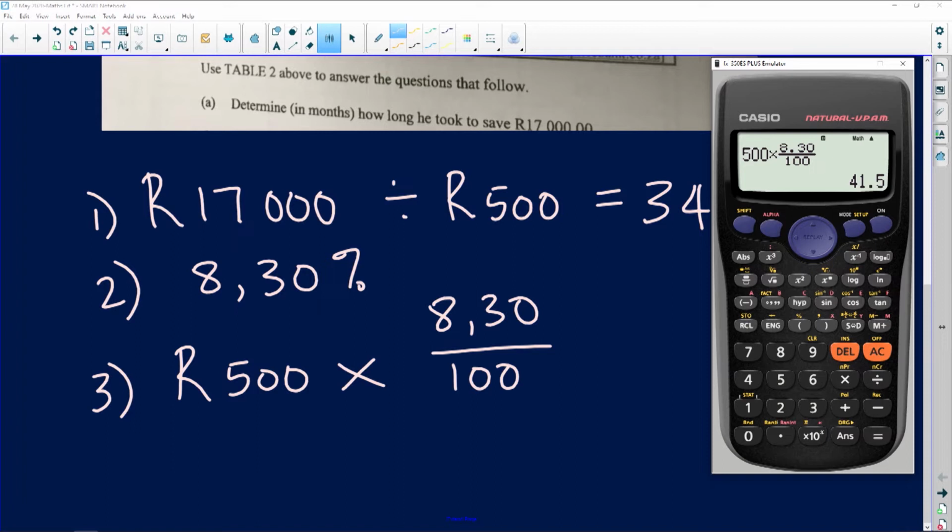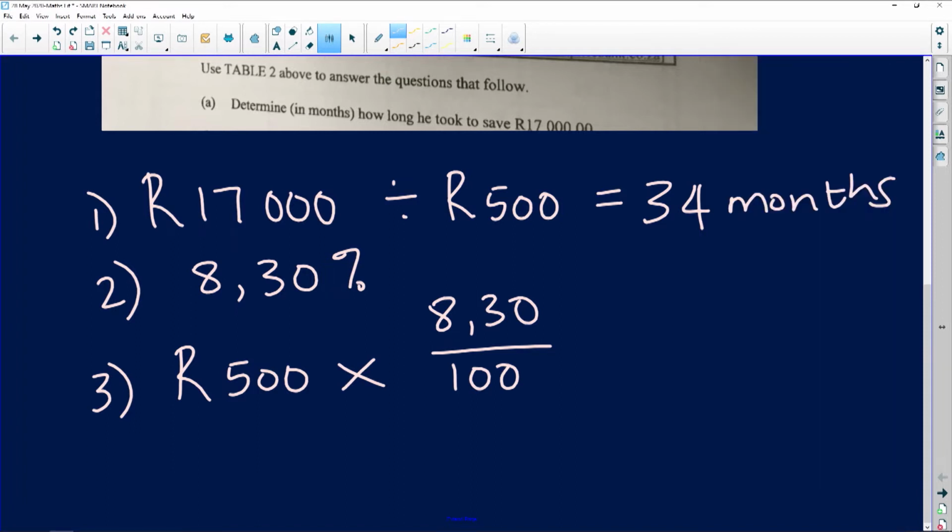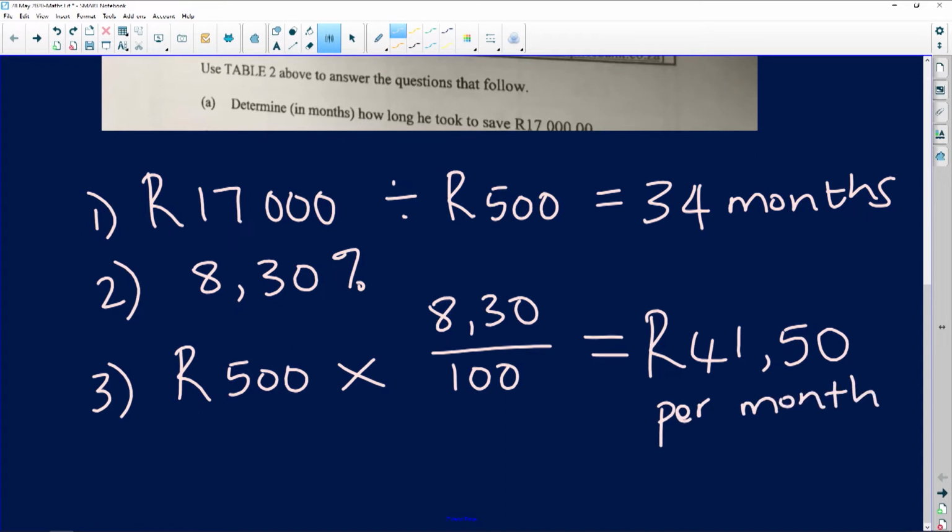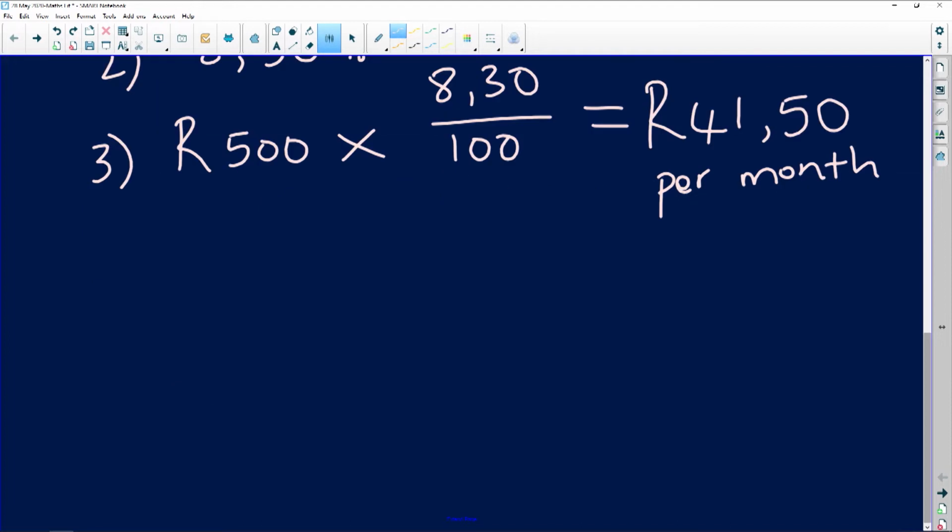So this person's going to be making 41 rand and 50 cents per month. But we want to know how many months are in 36. So it's what? 36 months, sorry. 3 years is 36 months.